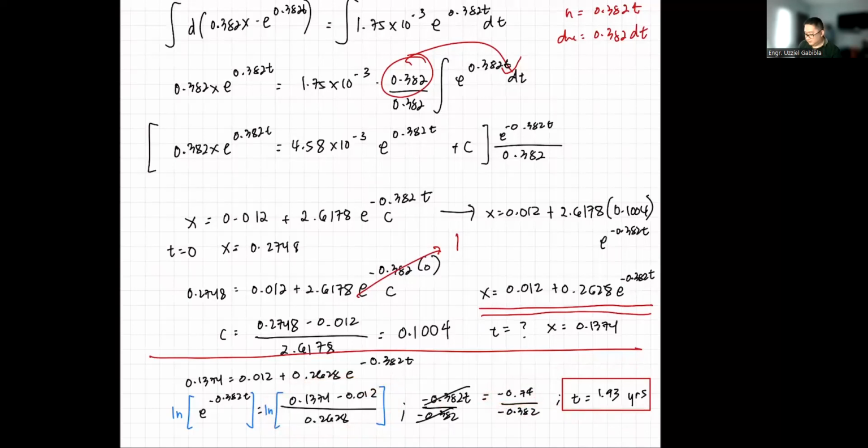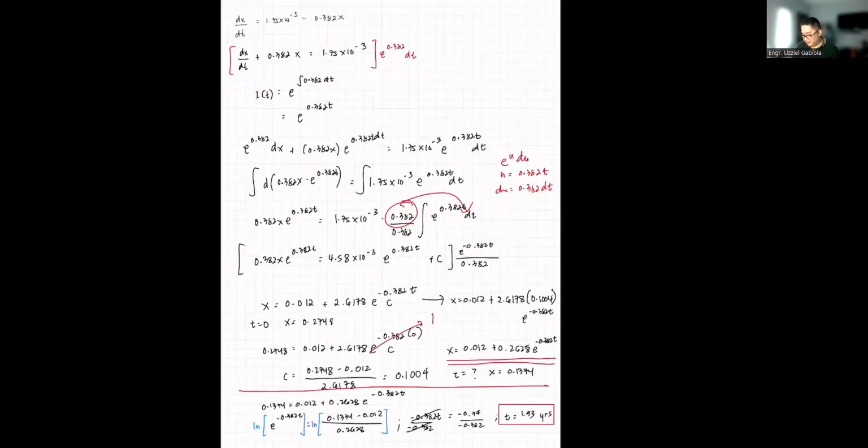Para ma-reach yung volume na 0.137. Okay? Ayan po yung example number 3. Question po?